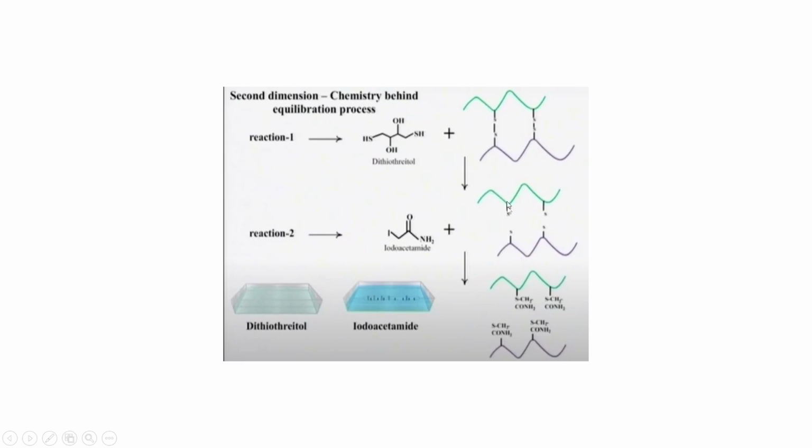So it is preventing them from reoxidizing. That's the reason we add iodoacetamide, which adds to the sulfur group, as we have broken the disulfide bond here. So once it is added, that's how the prevention from oxidation is done.